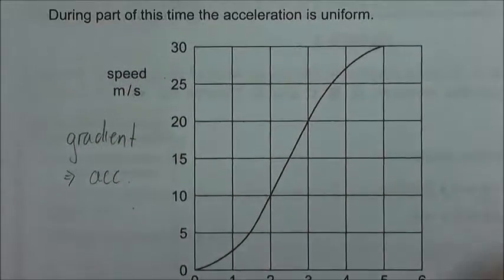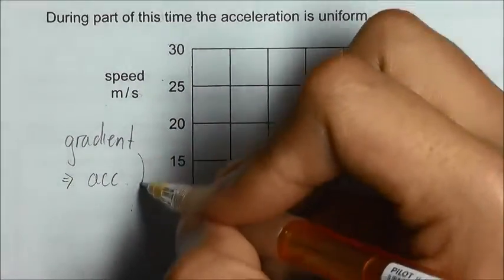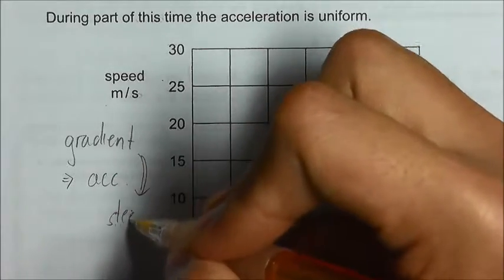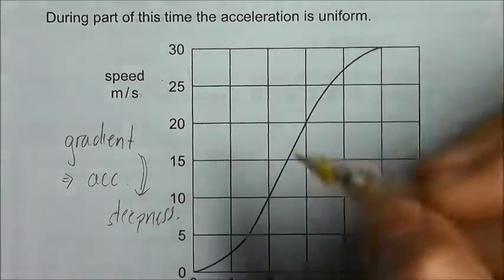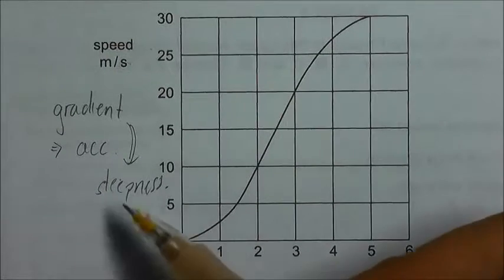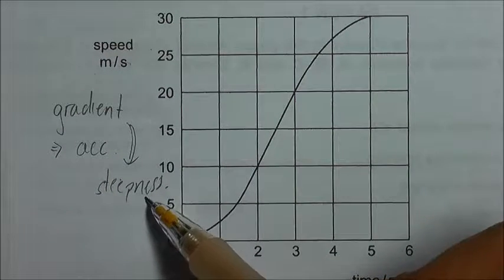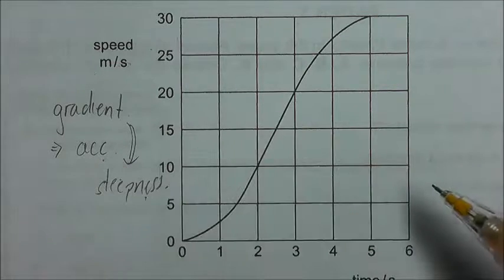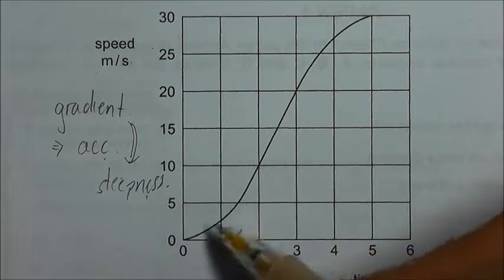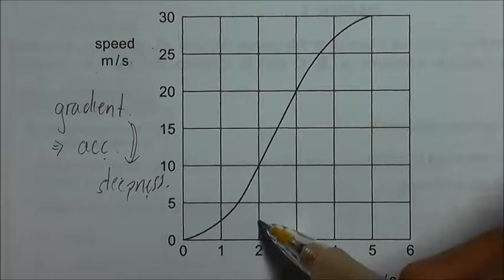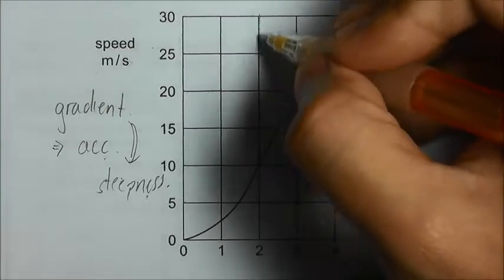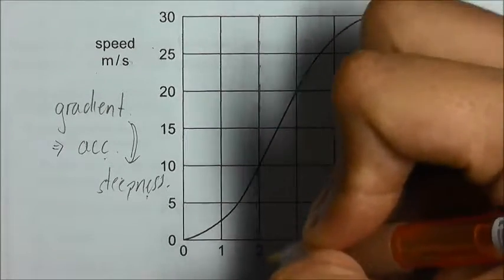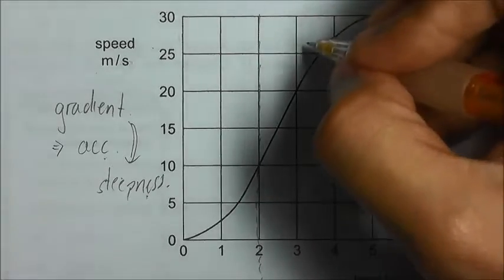And the gradient, we can also say that it is related to the steepness of the graph. So the steeper the graph is, the higher the gradient and the higher the acceleration. So we can see that the steepness of this graph can be classified under 3 parts.